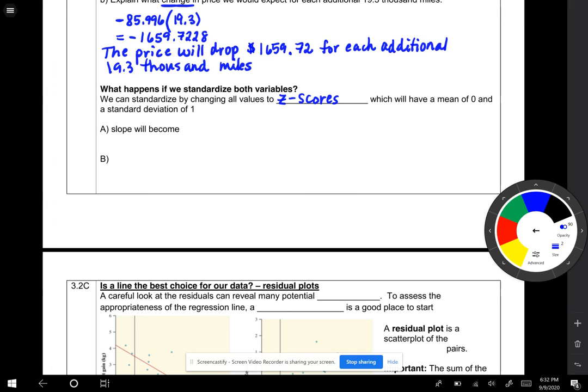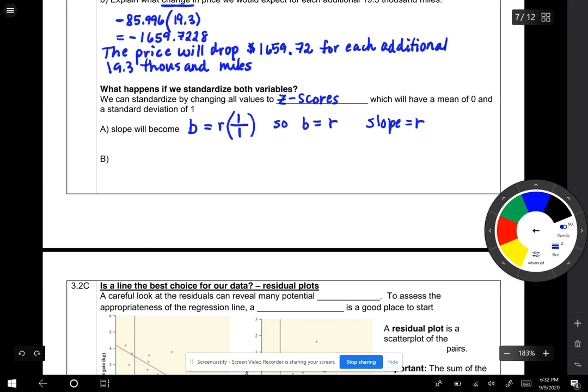So if we go back to our equation for slope, b is equal to r, and I'm going to replace the standard deviation of y with 1 and the standard deviation of x with 1, because the standard deviation is 1 when we're standardizing. So that just becomes b equals r. The slope is equal to r.